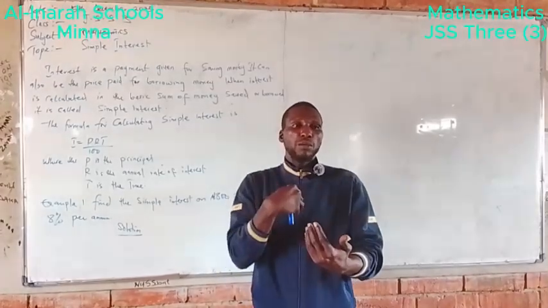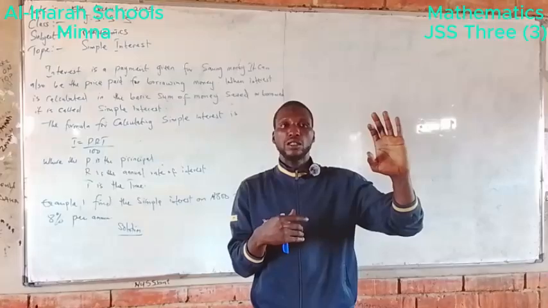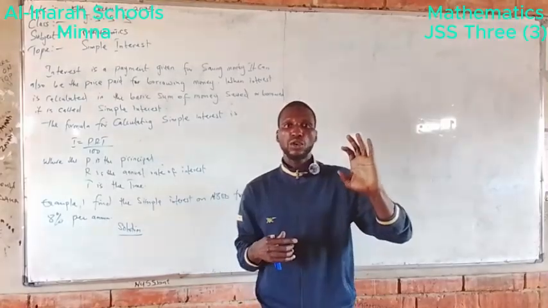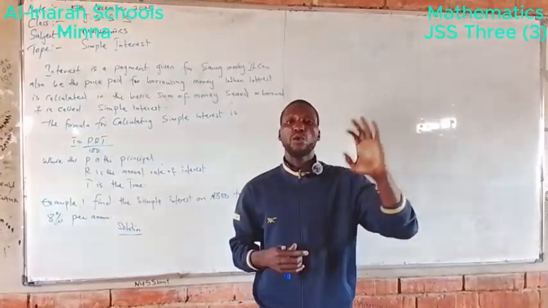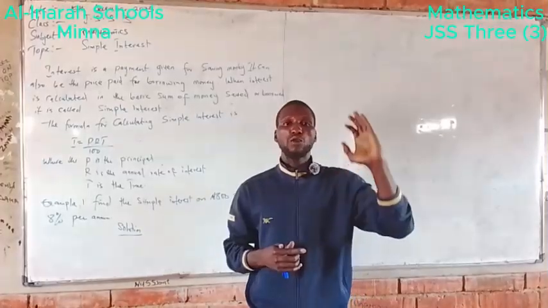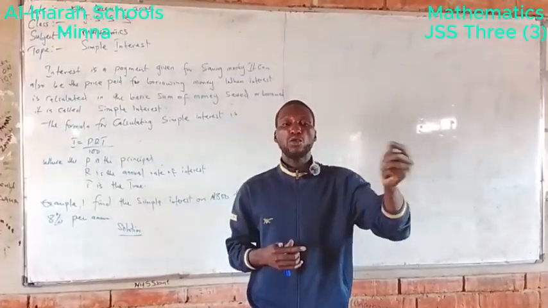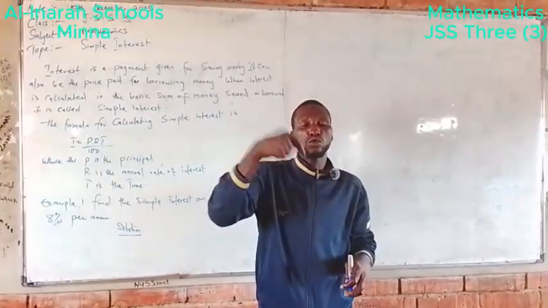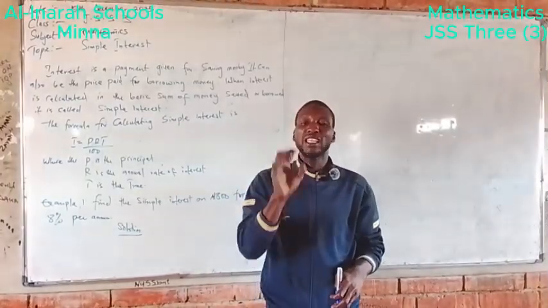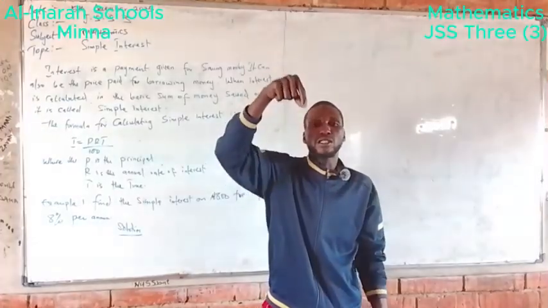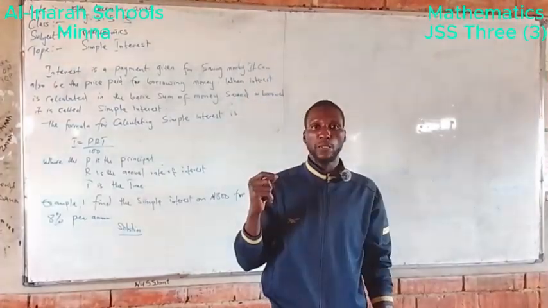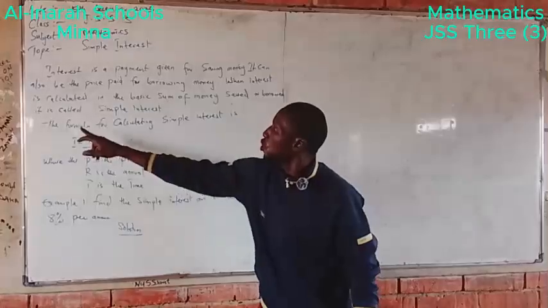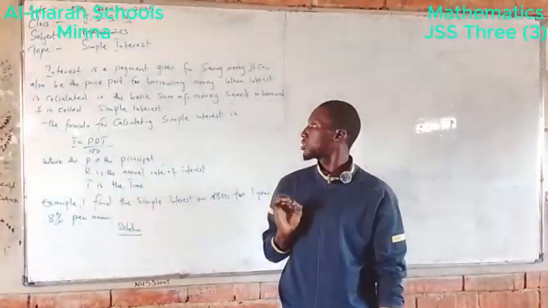If, for example, you have to pay back the money in 1 week's time, I will tell you that when you are paying back, you are paying 25 naira. You attach 5 naira to the money that I've given to you. That is interest. That 5 naira is called what? Interest.